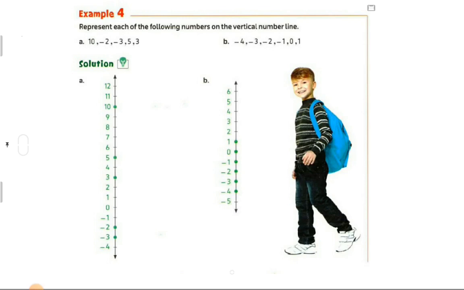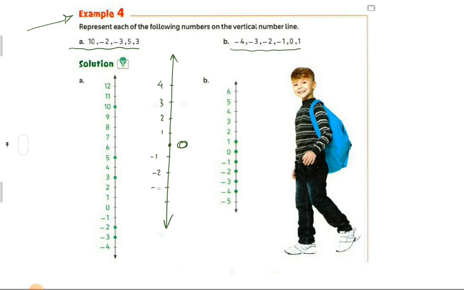We can represent them by drawing the horizontal number line, putting 0 on the origin point, the positive on the right and the negative integers on the left. Example number 4, it's the same. We can represent each group on a vertical number line just by drawing it vertically and putting 0, the origin point. The positive integers 1, 2, 3, 4 are above 0 and the negative integers -1, -2, -3, -4 are below 0.